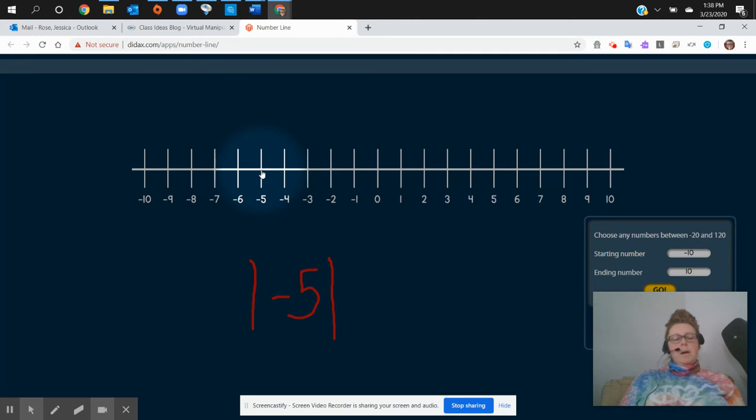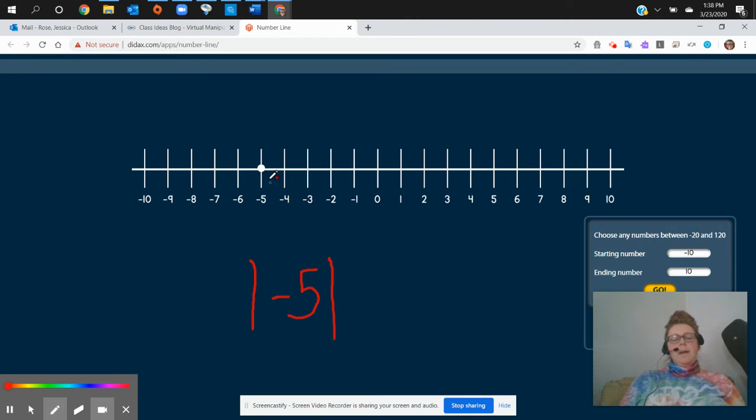See, here's negative 5 right here. The absolute value of negative 5 is the actual distance you would have to walk to get to 0. So here's negative 5 right here, and we need to get to 0.